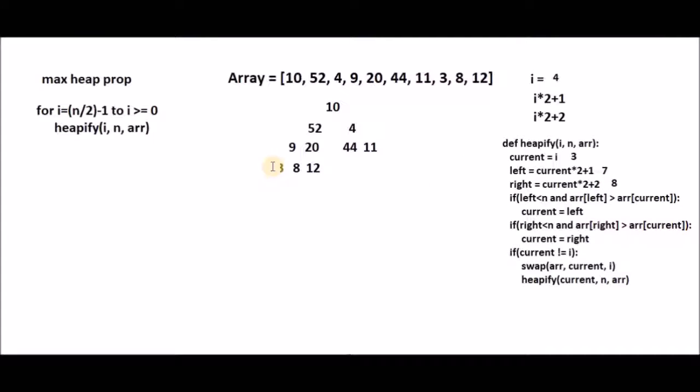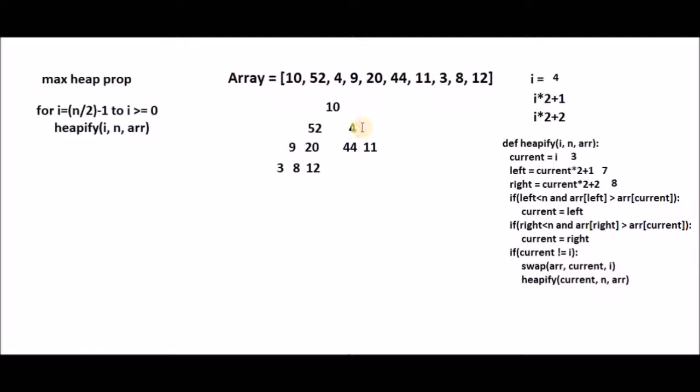But now, since both the conditions pass, left is less than n and right is less than n, 7 and 8 both are less than 10. So what we do is we check the next ones, that is, is it greater than 9? No. So now it doesn't matter, it's not going to work.